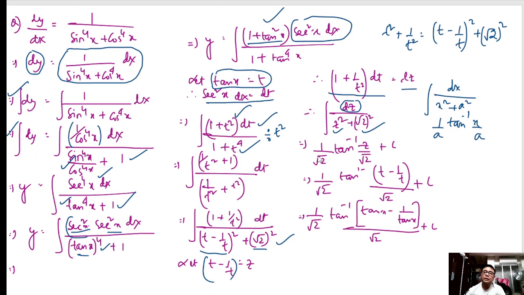Okay, so this is 1 by root 2 tan inverse z by root 2. Now putting the value of z and then putting the value of t, we get this is the answer of the differential equation. Clear?